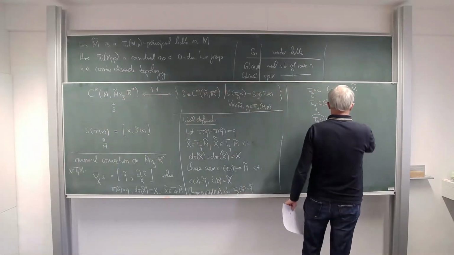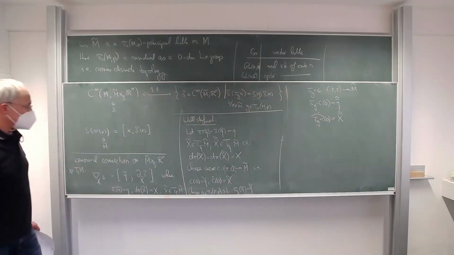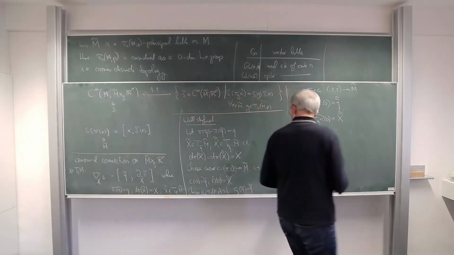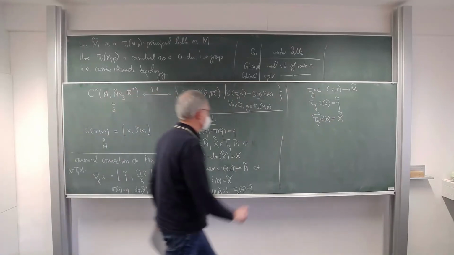So that's why I get x tilde tilde. Now d pi is an isomorphism.